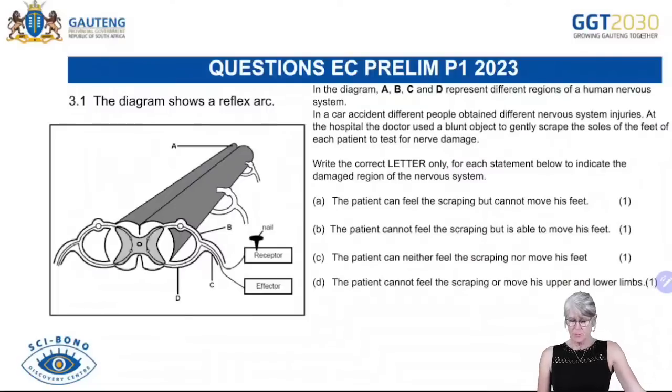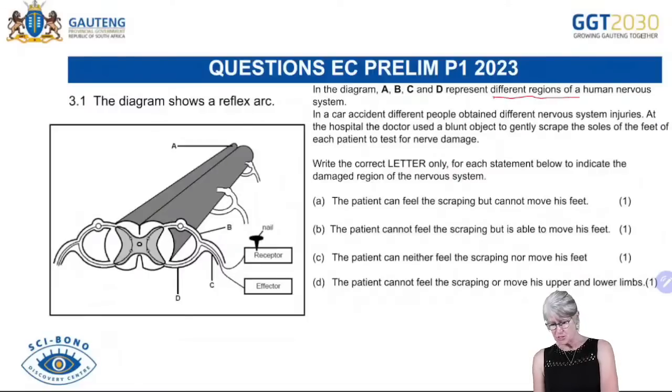Okay, now this question, and I know there's a lot of learners, examiners often ask this kind of question. So let's have a look again. In the diagram, A, B, C, and D represent different regions of the human nervous system. Then they say, in a car accident, different people obtained different nervous system injuries.